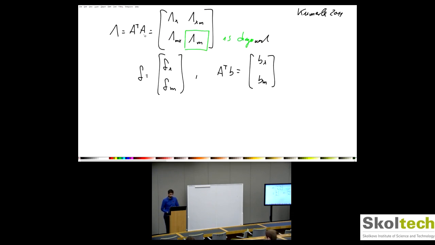Okay, I'm going to write this, but now with the new divided vectors, so with these components. So it's going to look something like this.